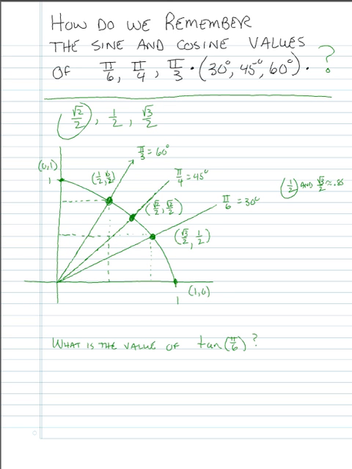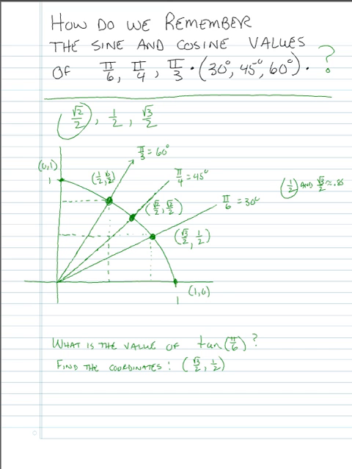Well, here's the process we go through. Find the point, find the coordinates. Well, what are the coordinates? For pi over 6, the coordinates are the square root of 3 over 2, comma 1/2.